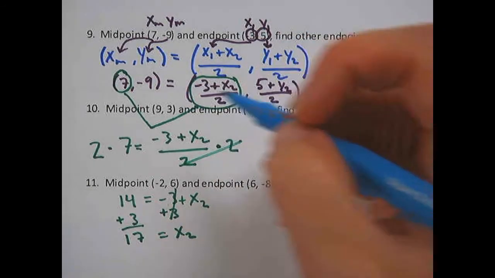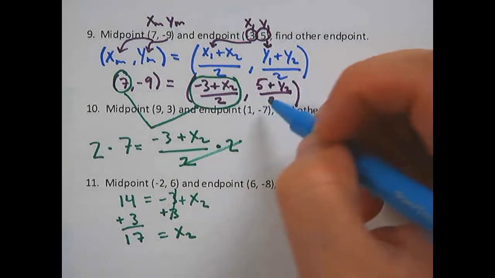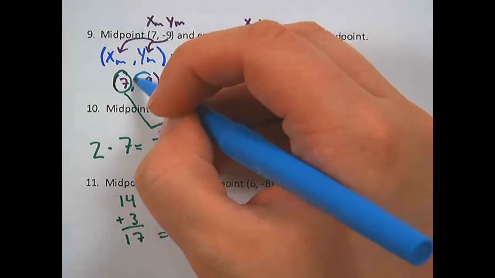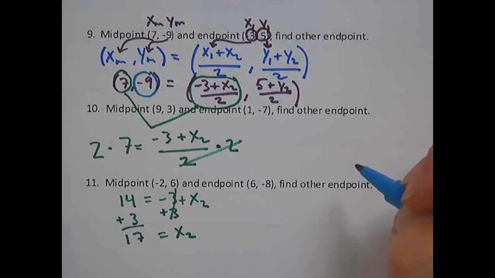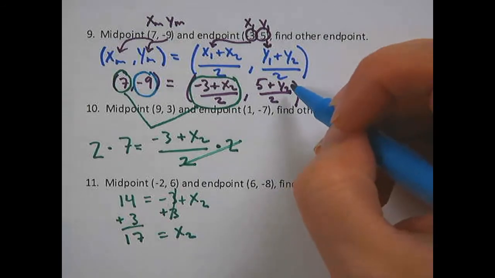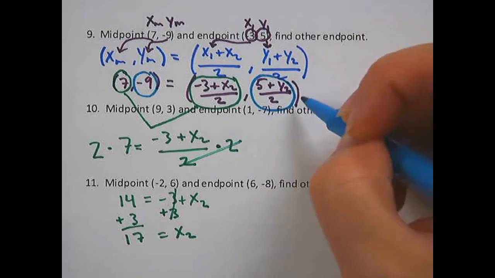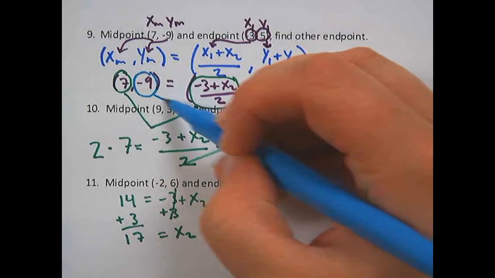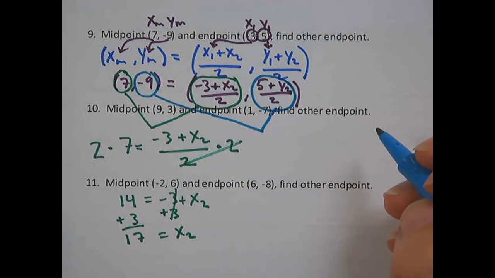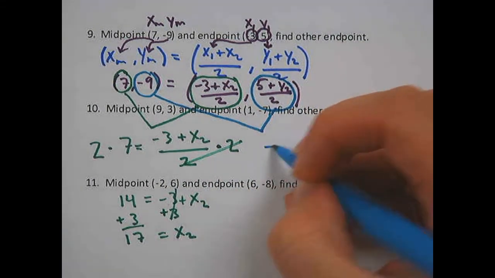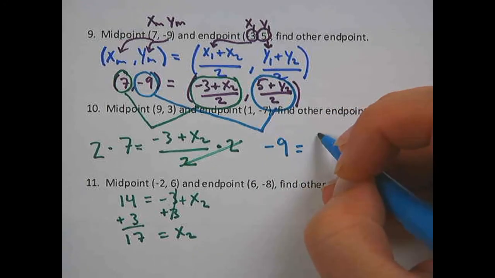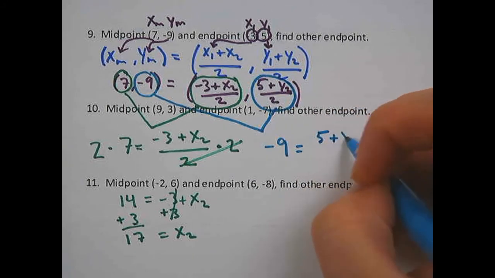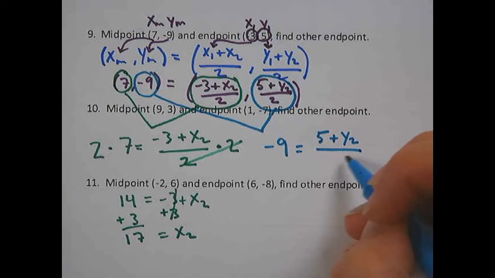So I'm going to do the same exact thing, but with the y coordinates here. I'm going to match them up. I know -9 is my ym, the y coordinate of the midpoint, and I want this to equal that y coordinate. So I'm going to go -9 equals 5 plus y2 divided by 2.